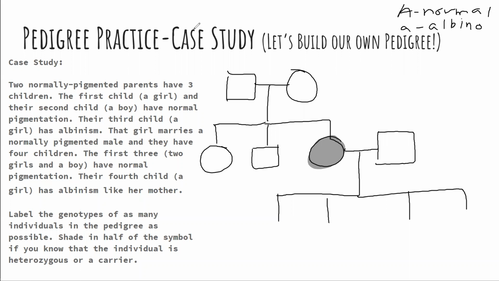All right. The first 3, 2 girls and a boy, have normal pigmentation, but their 4th child, a girl, has albinism just like her mother. And if she has it, she's shaded in.